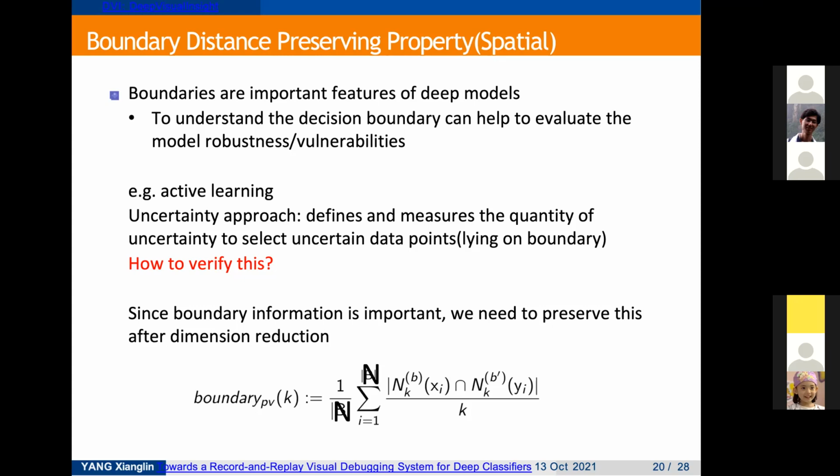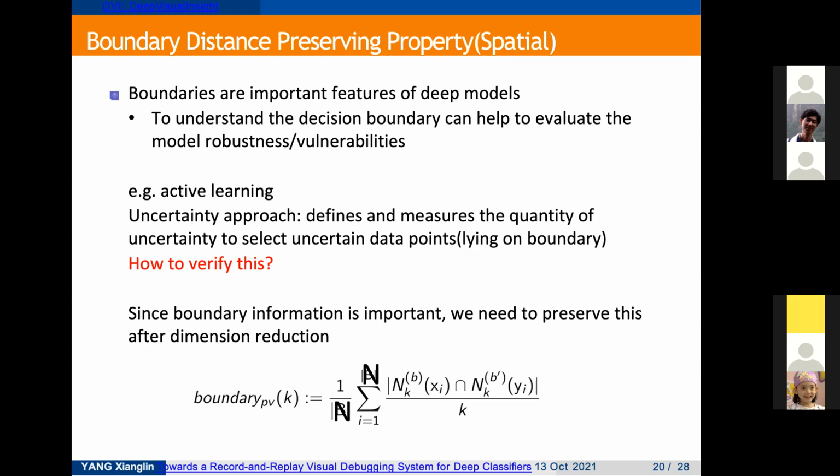This happens when querying for the label is very expensive. One well-known approach is called the uncertainty approach. It defines and measures the quality of uncertainty to select uncertain data points, which means it tries to select data points lying on the decision boundary.